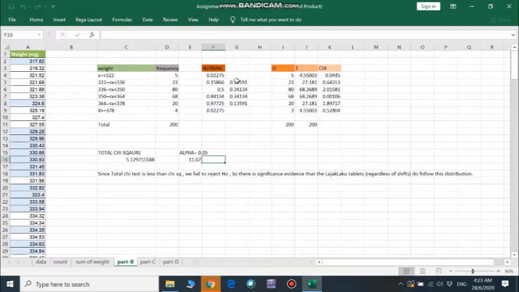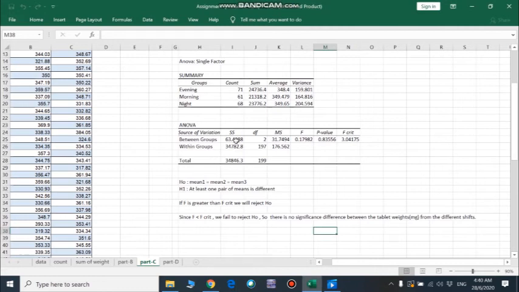From this data, we got the chi-square test statistic of 5.129, and the critical chi square is going to be 11.07 when alpha is equal to 0.05. Since the test statistic is less than the critical chi square, we fail to reject the H0, and we can see that there is significant evidence that the tablet is following this distribution.